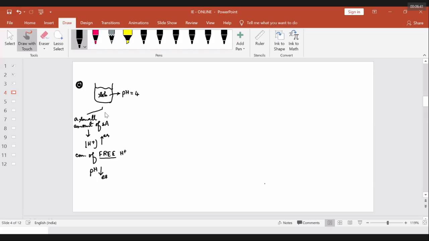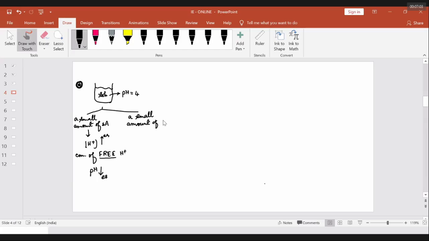Now, case number 2: he has added a small amount of strong base. Once you add strong base, what does the strong base do? It will simply release OH minus ion.